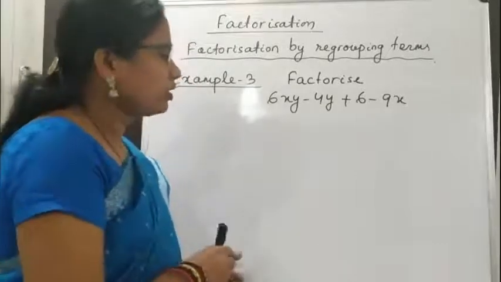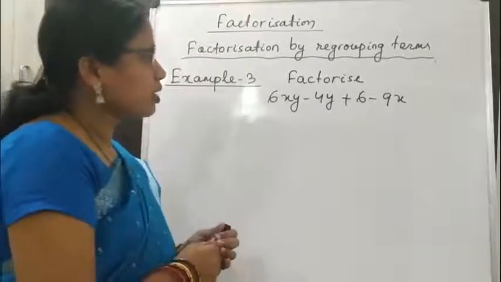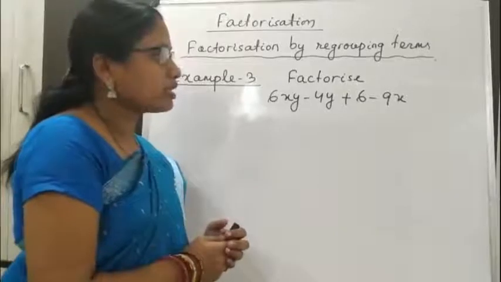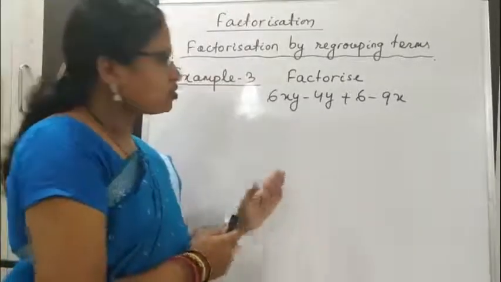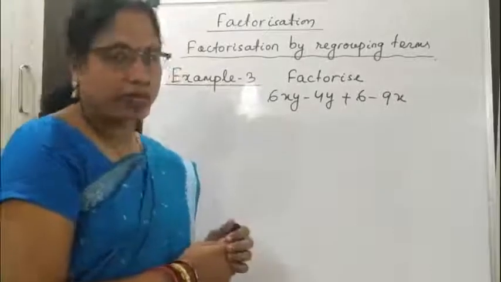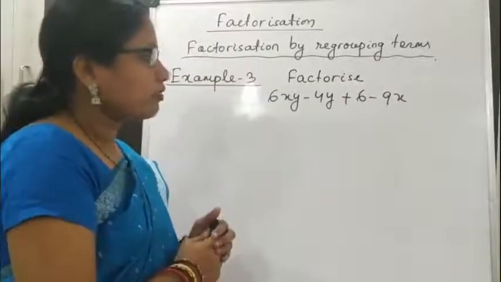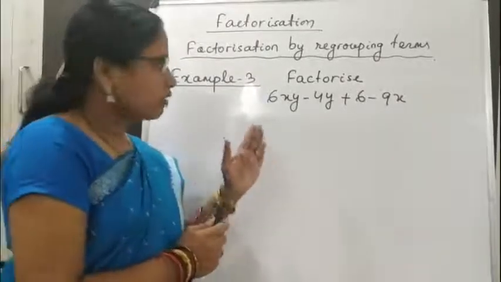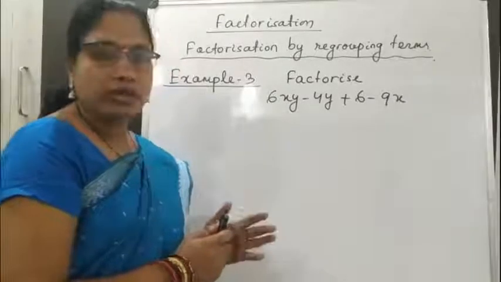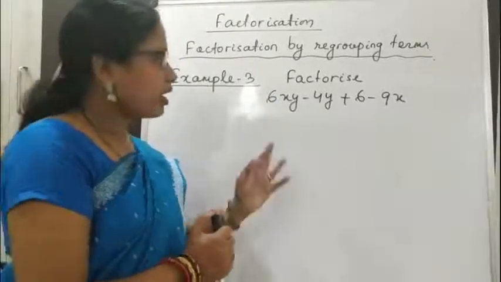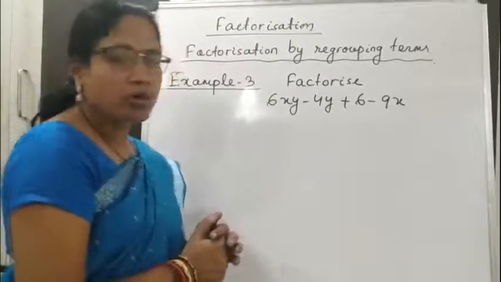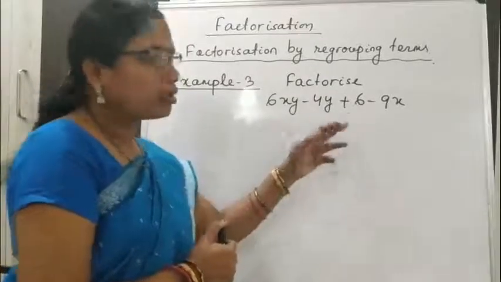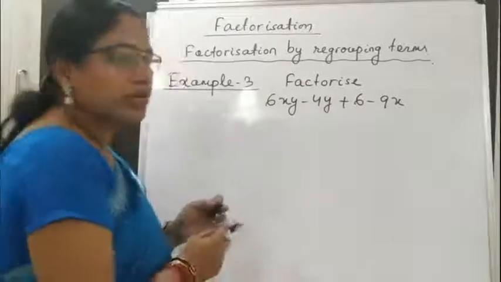Example 3: factorize 6xy minus 4y plus 6 minus 9x. There are some steps to factorize this type of algebraic expression. First, observe whether there is any common factor among these terms or not. Here there is no common factor among all the terms, so we can regroup.